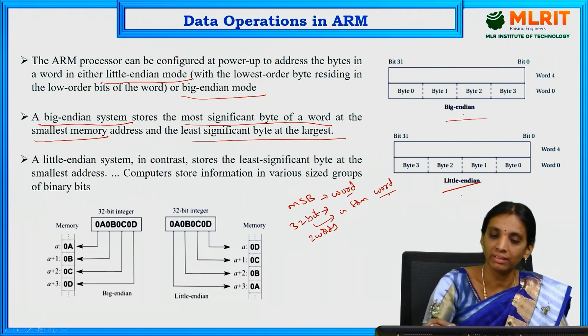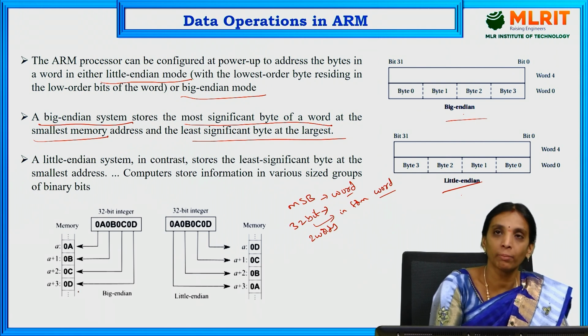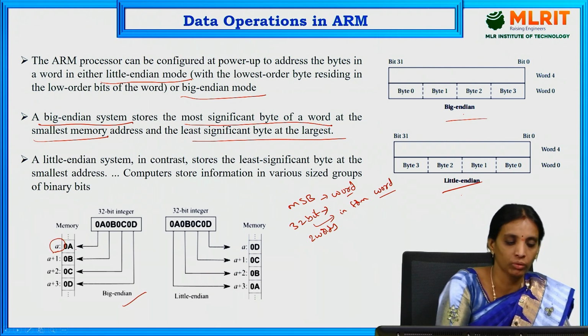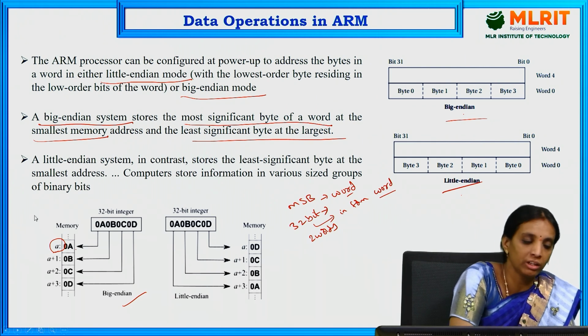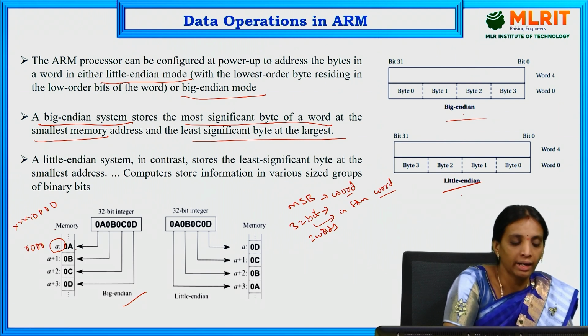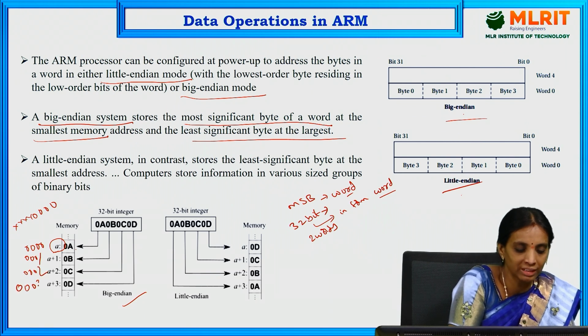That means in the memory allocation, if this is the data presented by the ARM processor, in big endian mode the MSB represents the word in the smallest memory location. If the memory starts from 0x0000, then this is the 0000 location, and the next locations are 0001, 0002, and 0003.